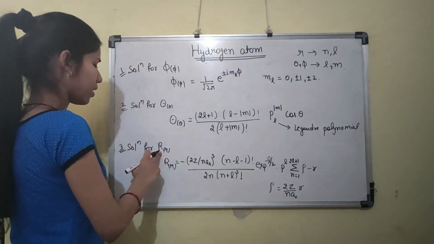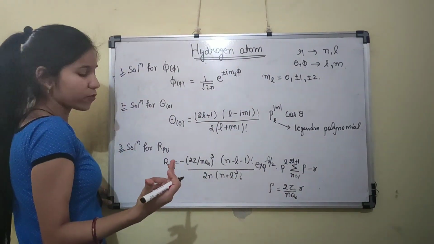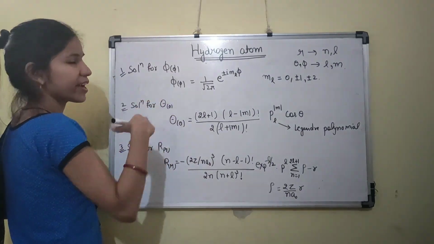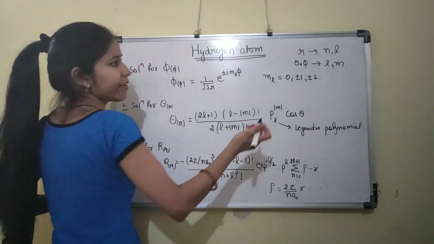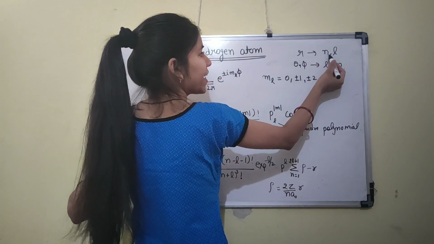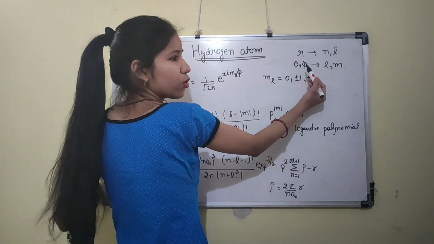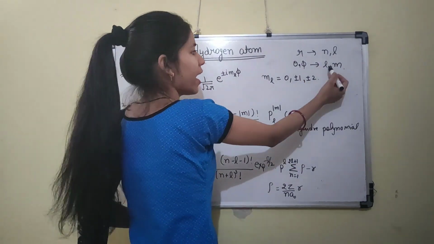R is the radial wave function and Theta and Phi are the angular wave functions. The value of R depends on n and l, and the values of Theta and Phi depend on l and m.